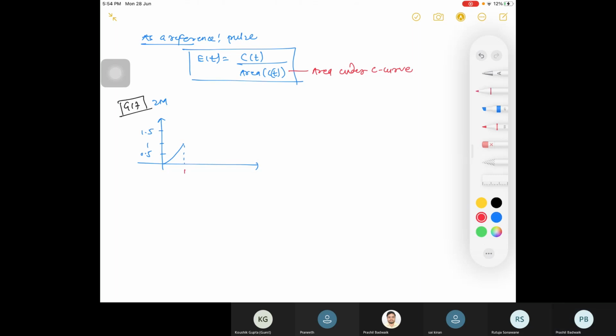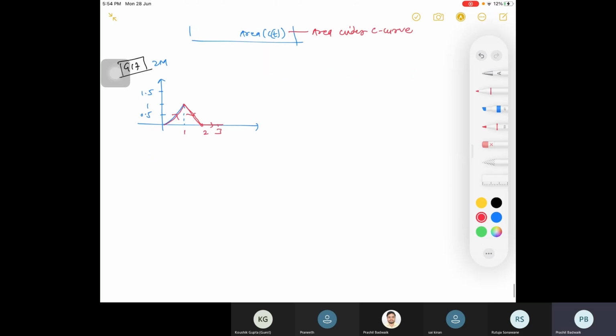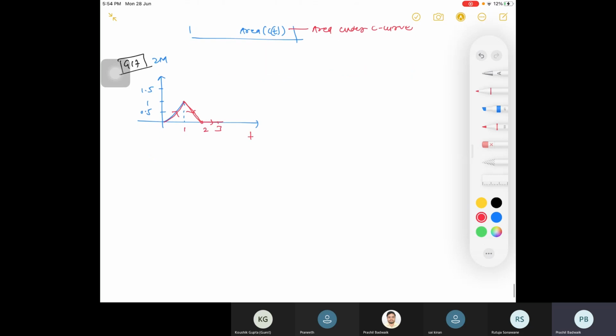On the x-axis we are having time, so your curve is like this. With respect to time, this is your C curve, and you have been asked to calculate your area under the C curve.